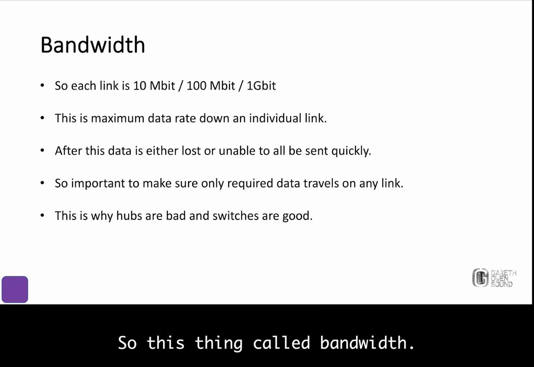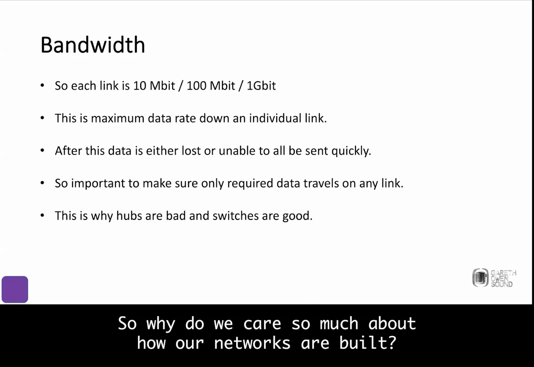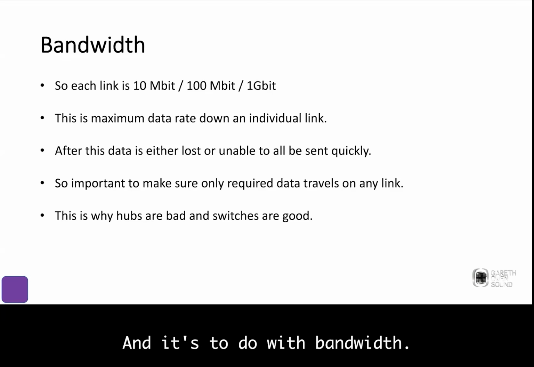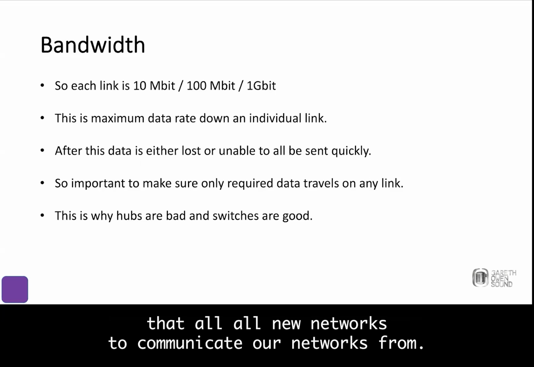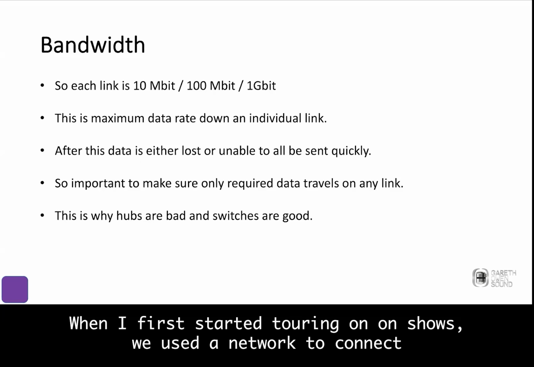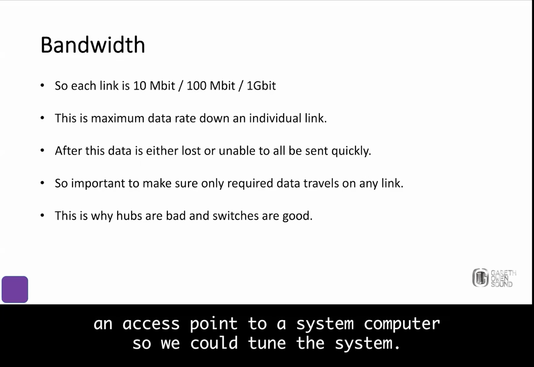So, this thing called bandwidth. Why do we care so much about how our networks are built? It's to do with bandwidth. More and more nowadays, we're using data-centered devices that all need networks to communicate. When I first started touring on shows, we used a network to connect an access point to a system computer so we could tune the system.